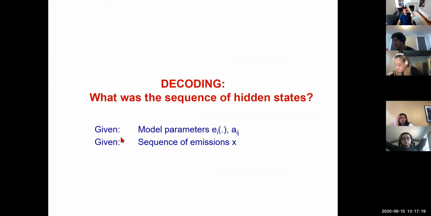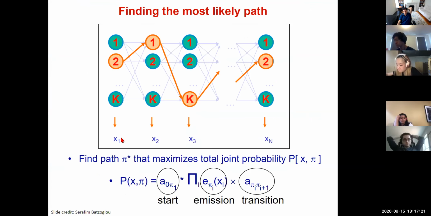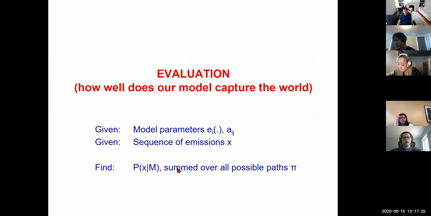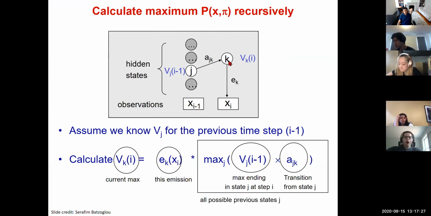And how did we do that? We did that using dynamic programming by defining this Viterbi variable that allowed us to express the maximum probability over all possible paths ending at that state as a function, recursively, of smaller subproblems, and the smaller subproblems were the previous time point.